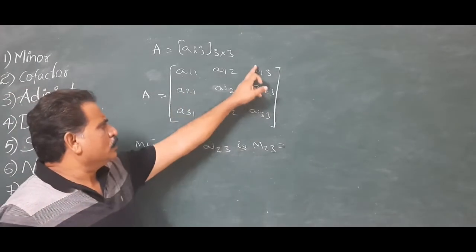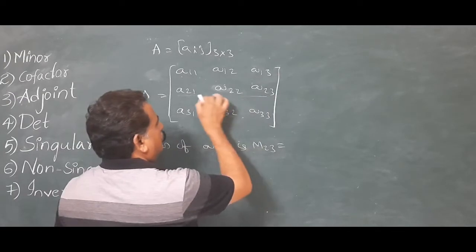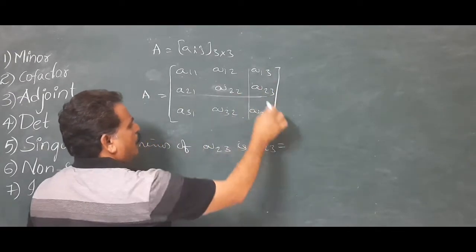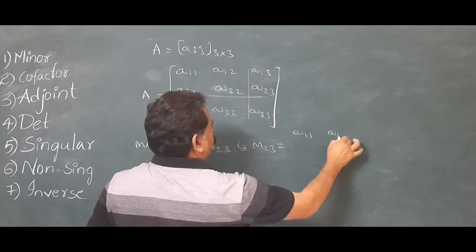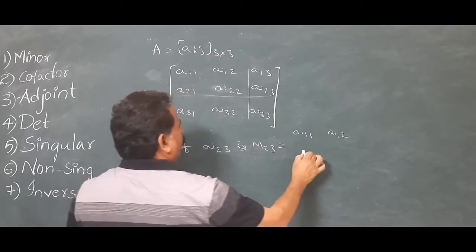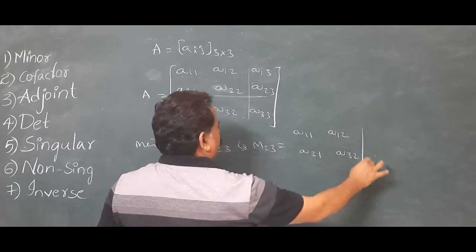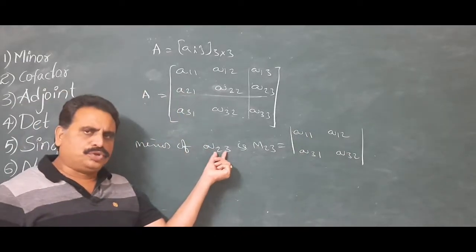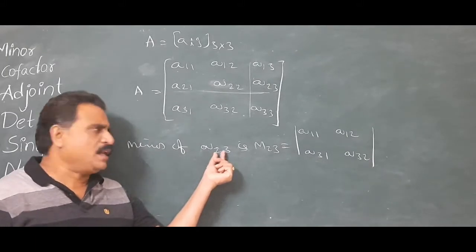Eliminate second row third column. The remaining elements are A11, A12, A31, A32.